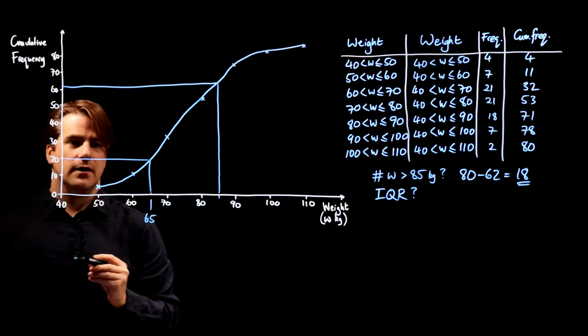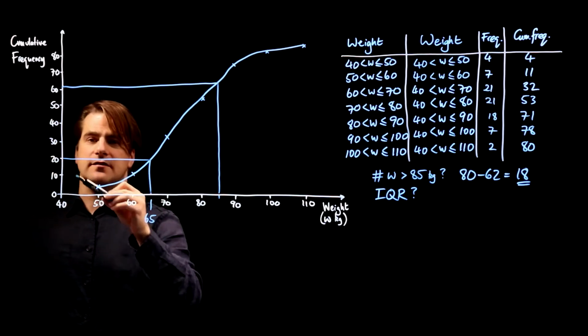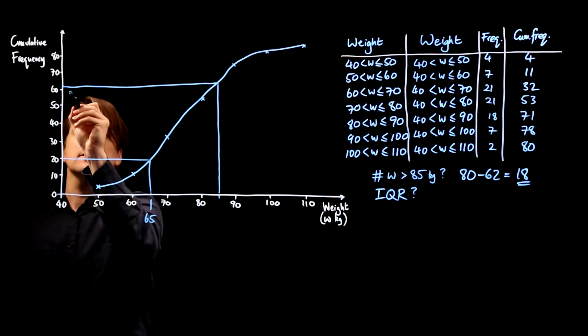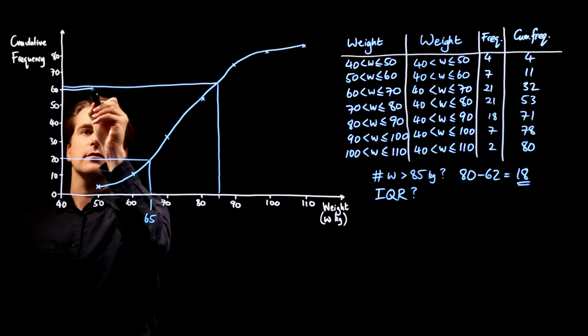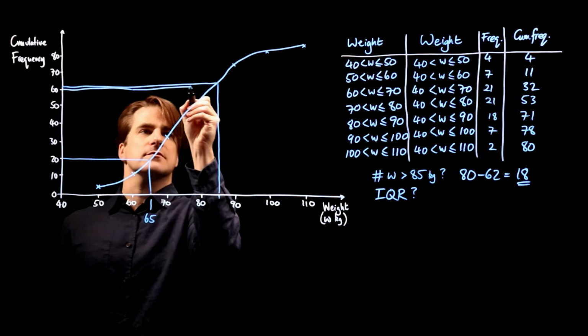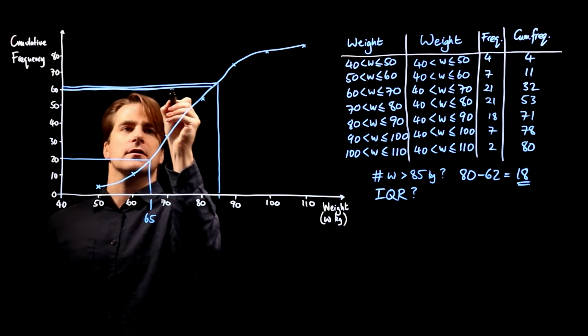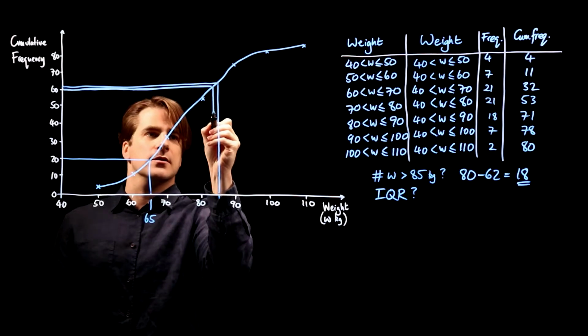Okay. And then you find the upper quartile, which is 3/4 of the total. So 3/4 of 80 is 60. And go across and down. That's not the best line in the world. Okay, across and down.